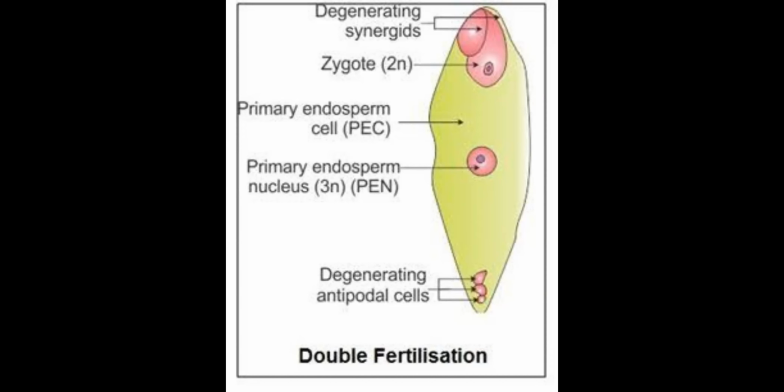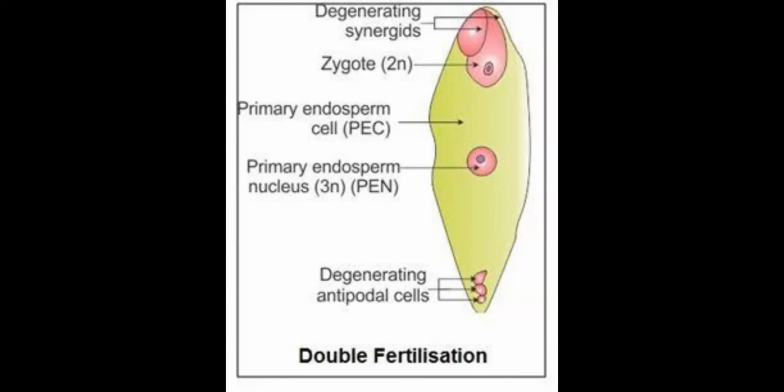How about the other male gamete? It's going to move towards the center of the embryo sac to fertilize what? Correct, the two polar nuclei. Each polar nucleus is what? Haploid, diploid, triploid, tetraploid? Haploid, correct. So two of them, each one haploid, which is a part of the central cell.